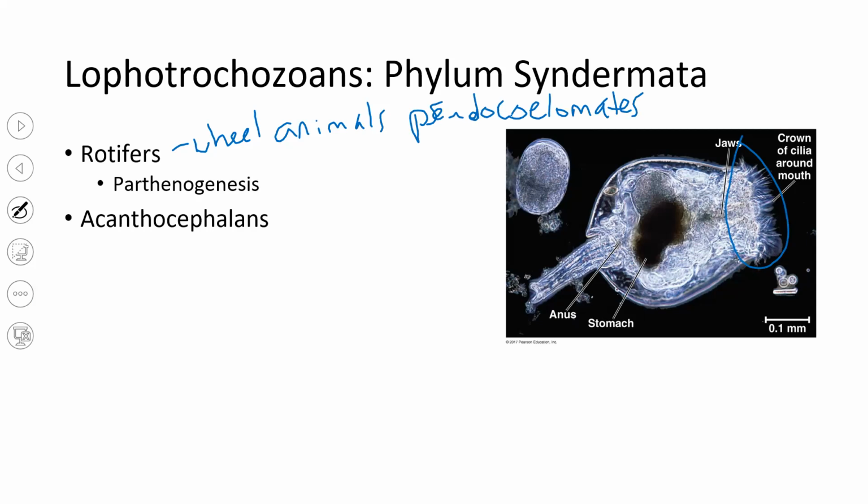So remember, the mesoderm doesn't completely line the coelom. So they move nutrients around their body just by moving. They're small enough that them moving around moves things around their body. And again, they have these cilia to bring the food in, and then they have these jaws that they use to crush their food and grind it up.